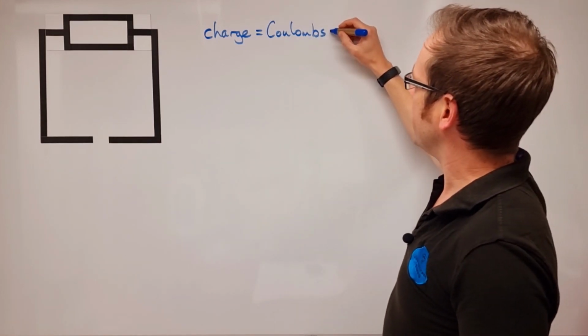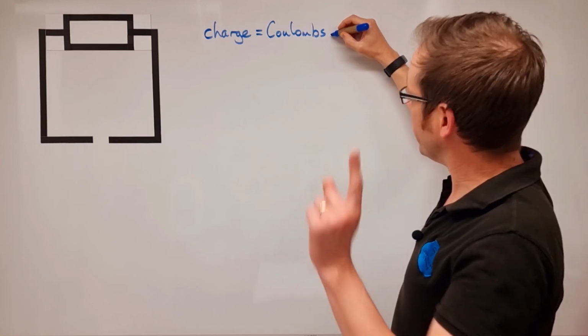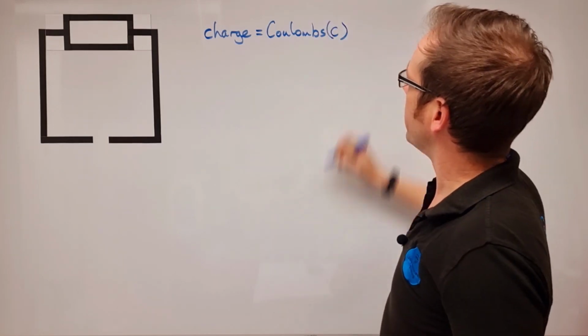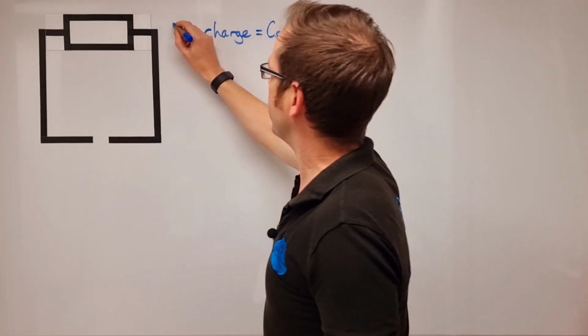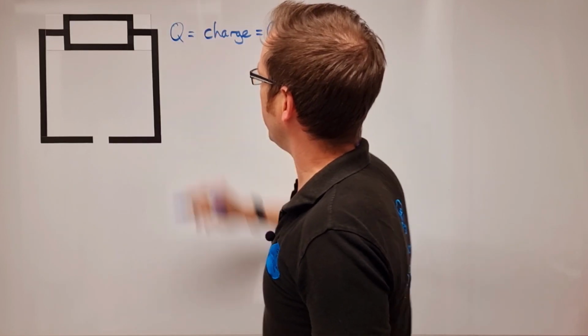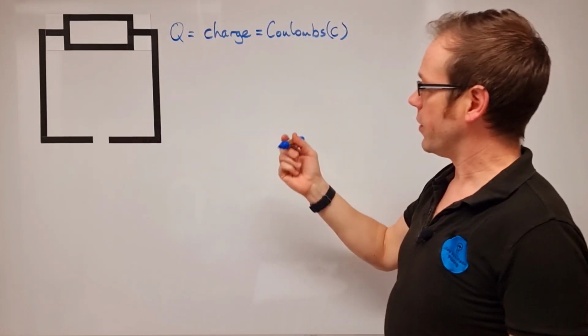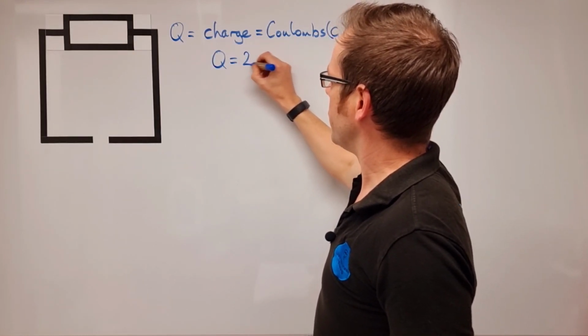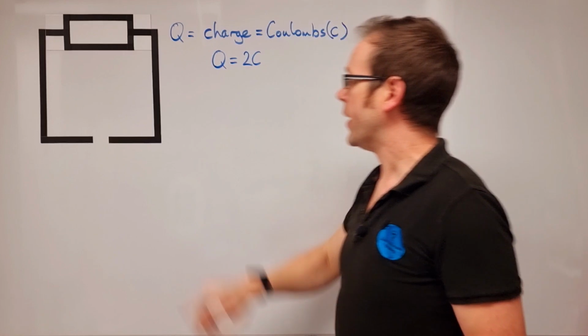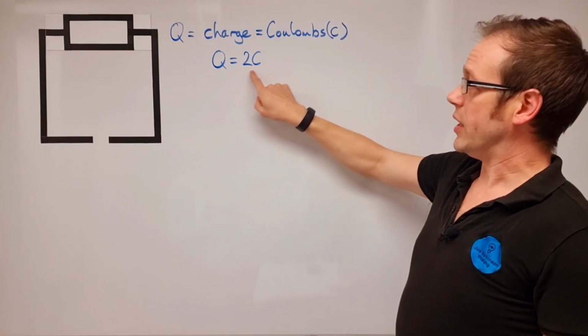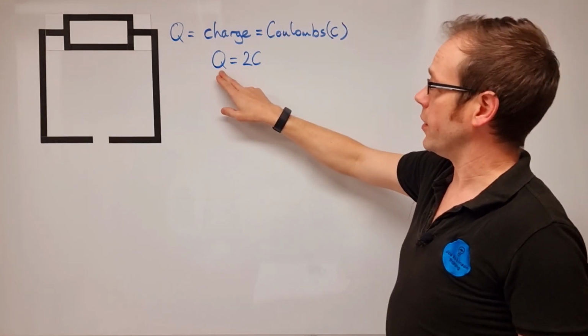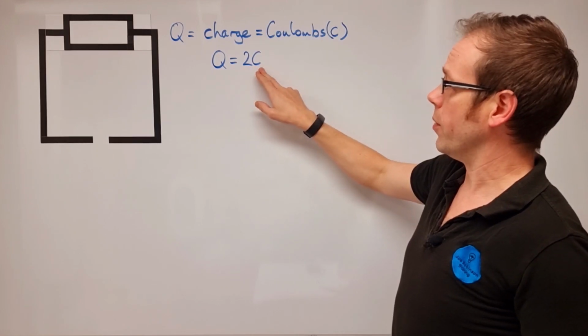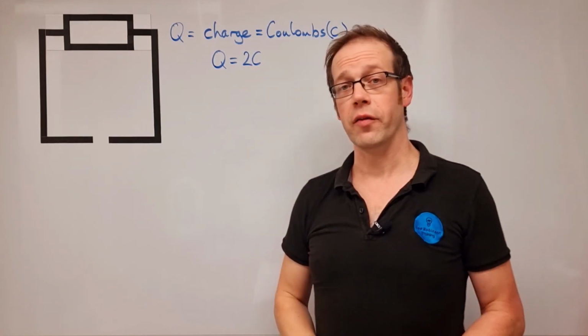We assign it the unit symbol C, and we give it the mathematical symbol capital Q. So we might say something along the lines of Q is equal to 2C, but we would read it as the charge in a circuit is equal to 2 coulombs, or 2 big bunches of electrons.